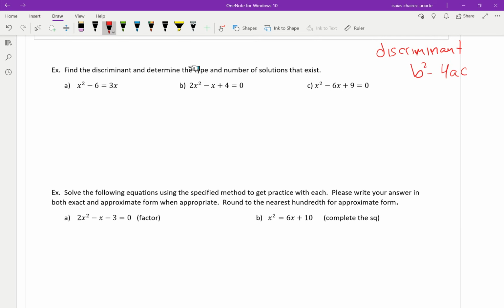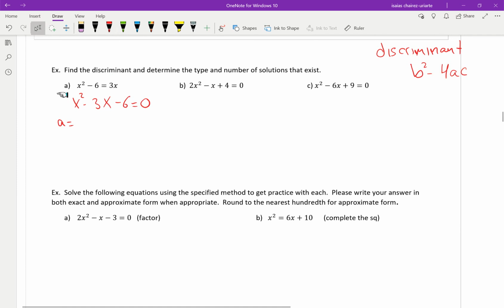Let's compare answers. For the first one, I want to say this: x squared minus 3x minus 6 equals 0. First, notice that the first thing I had to do was set my equation equal to 0. Otherwise I cannot use the discriminant. So a is the coefficient, the number in front of x squared.